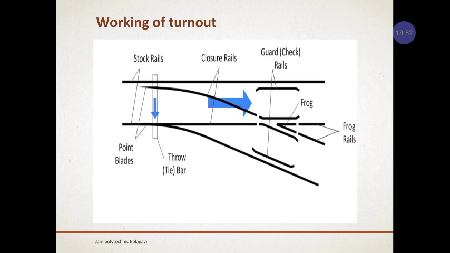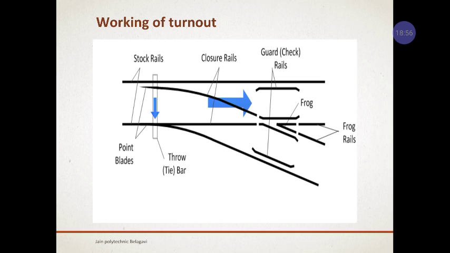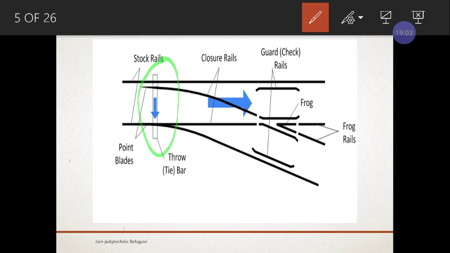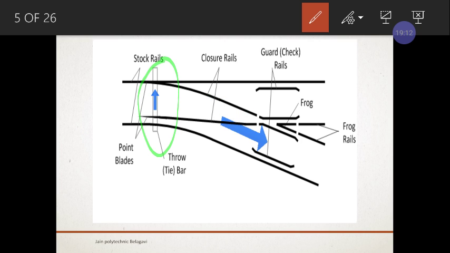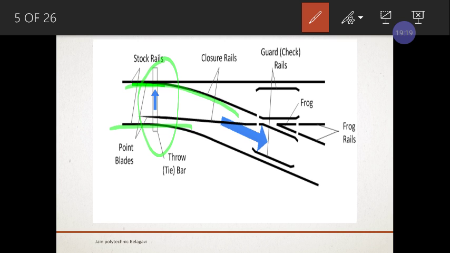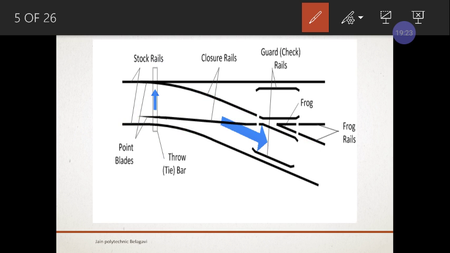So we'll try to understand here how this works, right? This arrangement, you can see here. Once we push it, there is a gap now. Now it will turn in like this. When there is no gap, it is trying to move on this line.